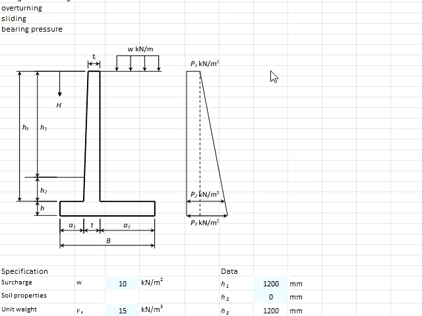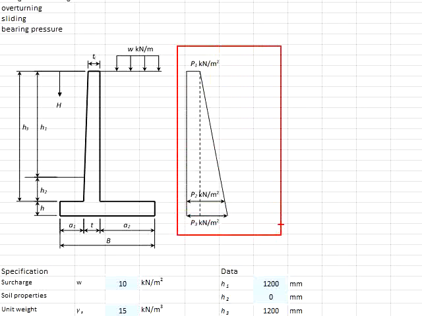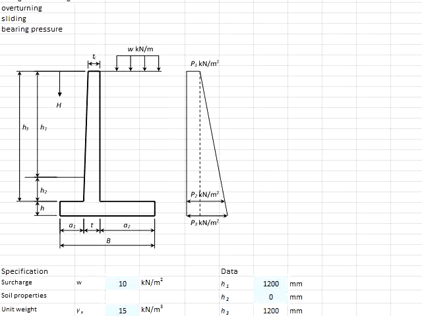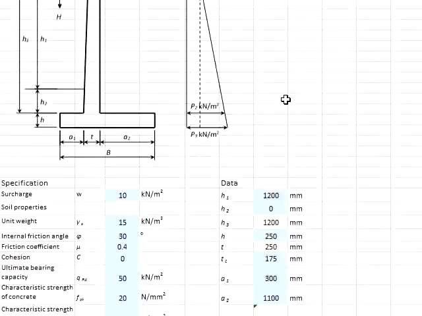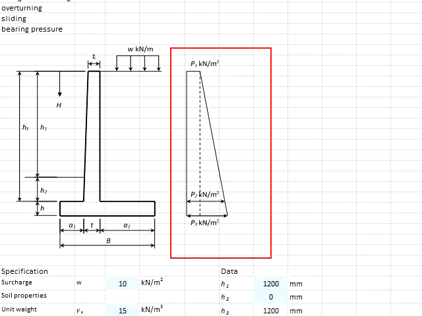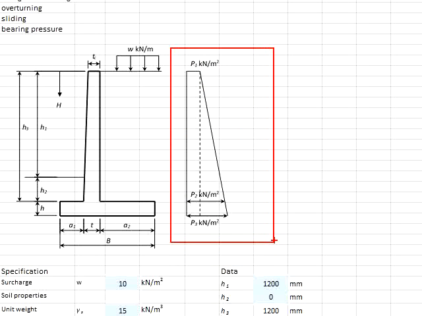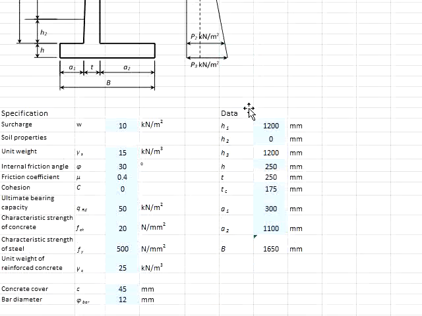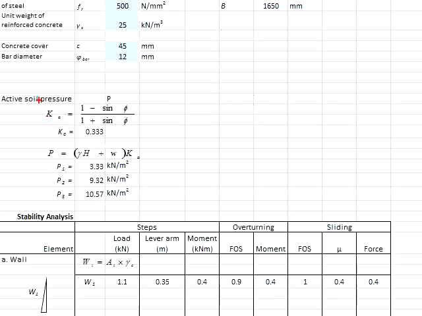This is a typical layout of a retaining wall, and there will be active pressure acting on the retaining wall. To solve these questions, first you need to determine the active pressure acting on the retaining wall. To do so, you need the coefficient of active pressure.